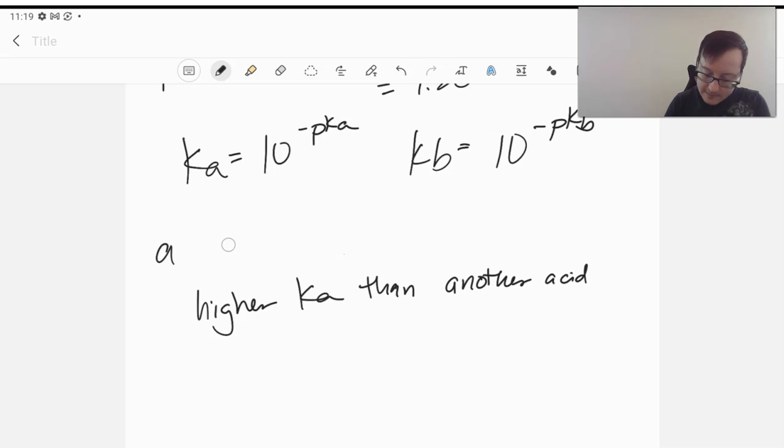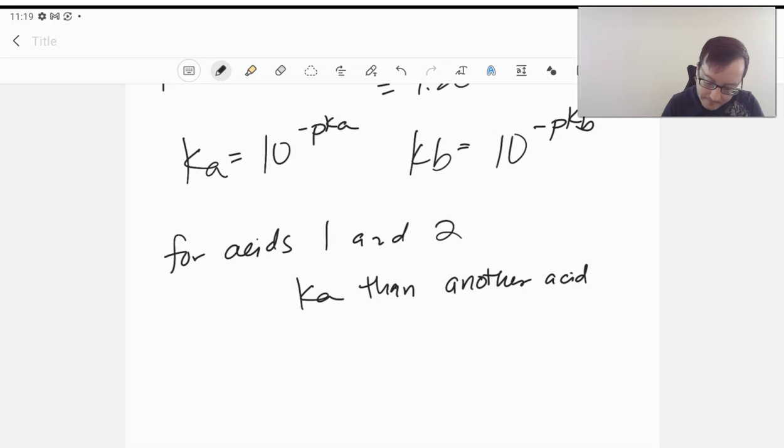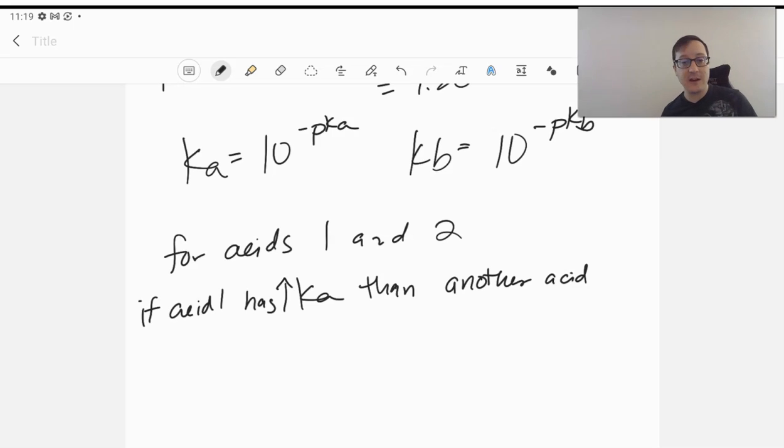Let's just say, for acids 1 and 2, a pair of acids we're comparing, if acid 1 has the higher Ka than another acid, then acid 1 is stronger.